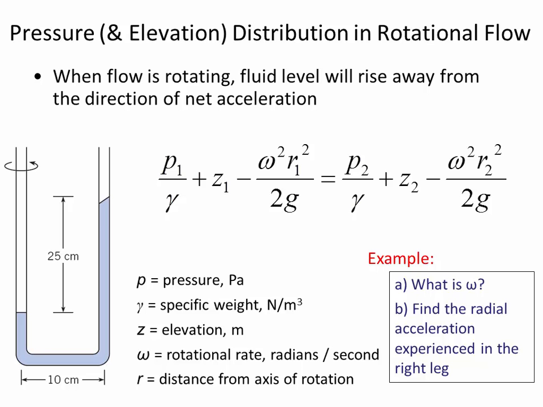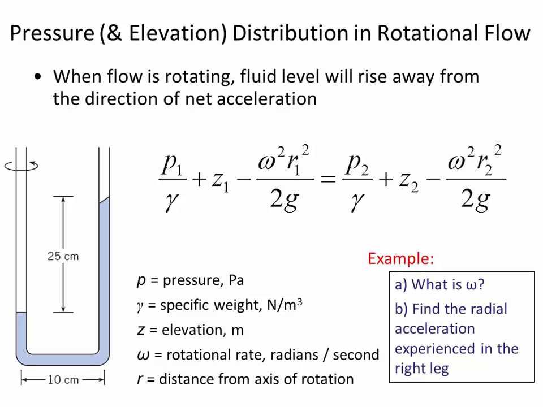Even though those at the further end are sweeping through a larger area or passing through a larger distance, it still has the same angular velocity, passing through the same angle. So that's why we don't say omega 1 and omega 2 on that side of the equation. Since it's one solid object, it's spinning at the same rotational rate in radians per second. We don't know what that rotational rate is.